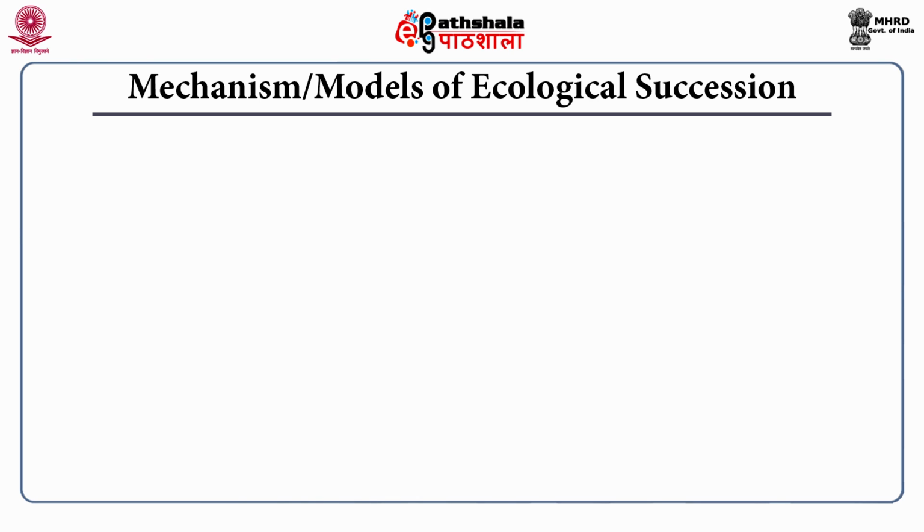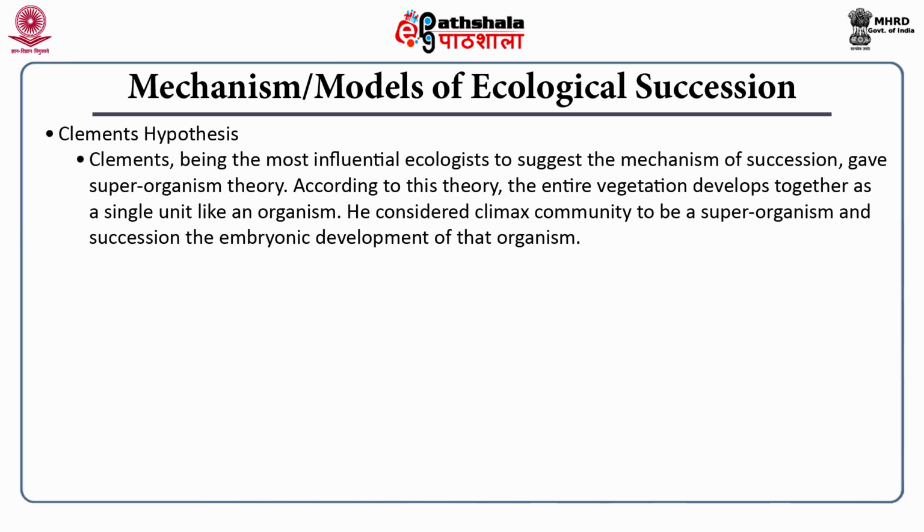Several mechanisms or models have been given for ecological succession. Let me discuss them one by one. The first is Clements' hypothesis. Clements, being the most influential ecologist to suggest the mechanism of succession, gave the superorganism theory.